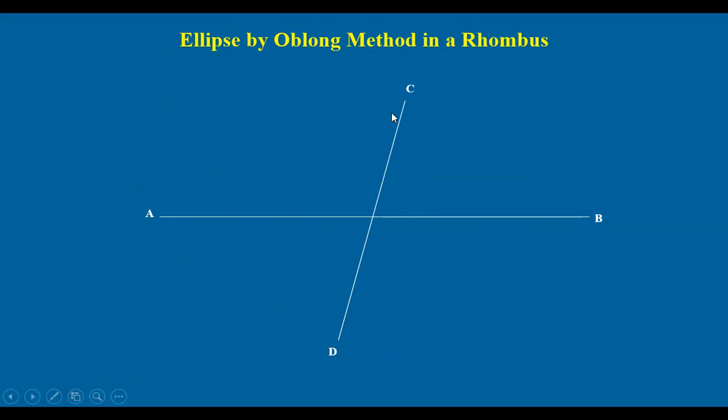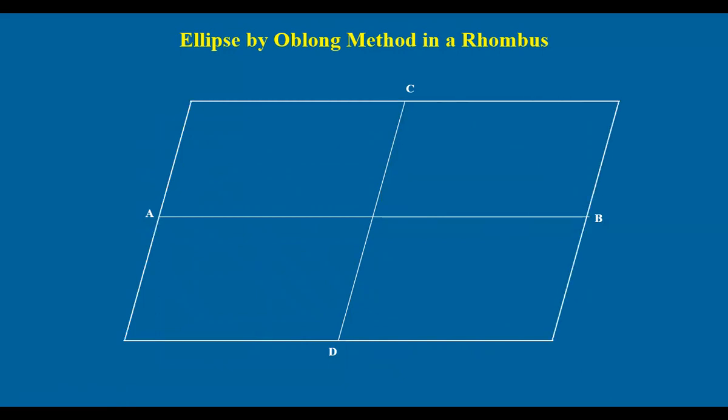Now, instead of constructing a rectangle like earlier, we construct a rhombus like this. We follow the same procedure as in the earlier case. We divide this part into 4 equal parts, mark them as 1, 2, 3, and joining these with C, we get these 3 lines.